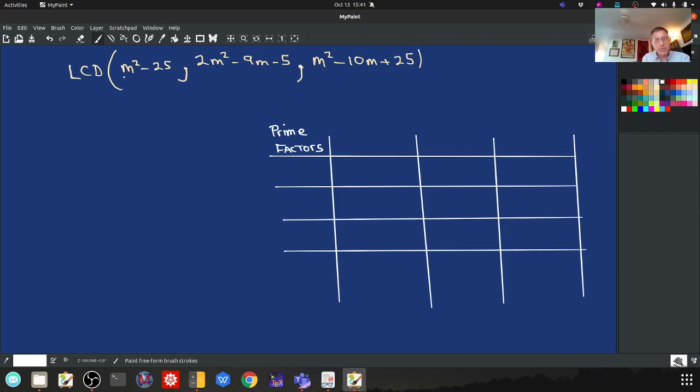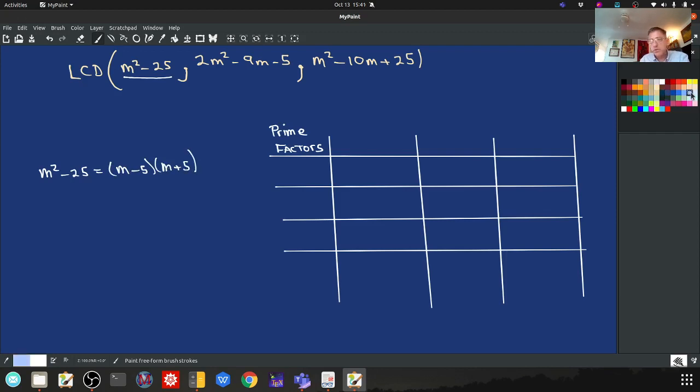So we take each one of our expressions, m squared minus 25, and we factor it. Well, that's the difference of squares. That's m minus 5 times m plus 5. And both of these are prime.